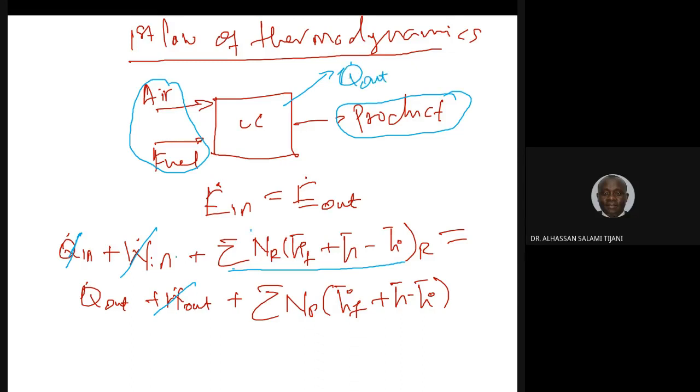So this Q out is never equal to 0. You understand me? So we can say that Q out equals the enthalpy of the reactant minus the enthalpy of the product. We can rewrite Q out like this.